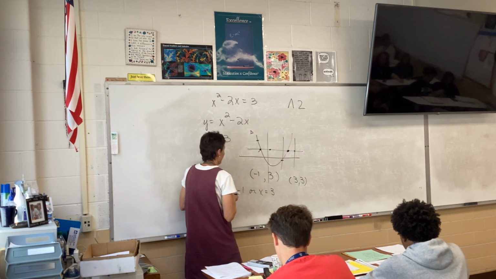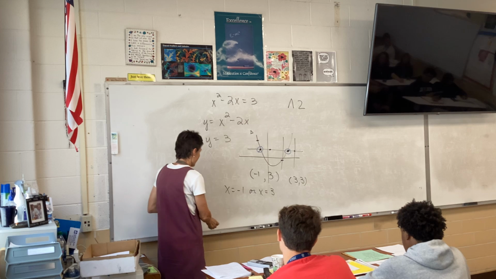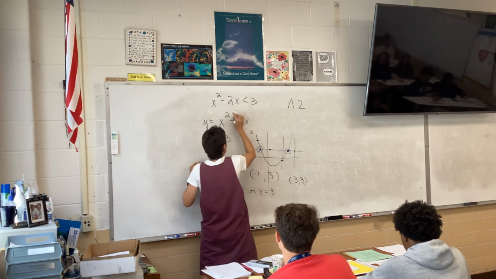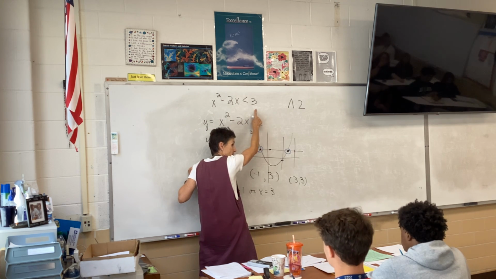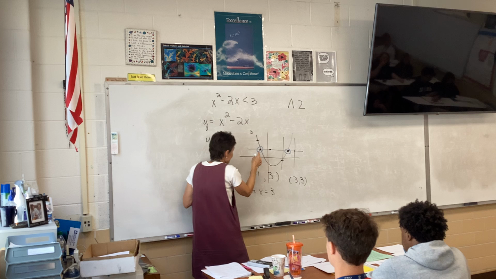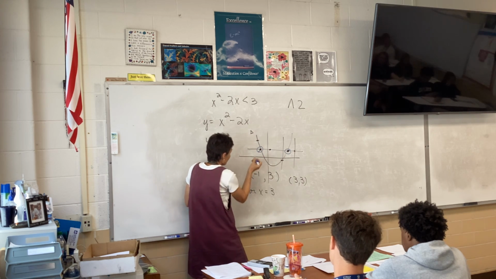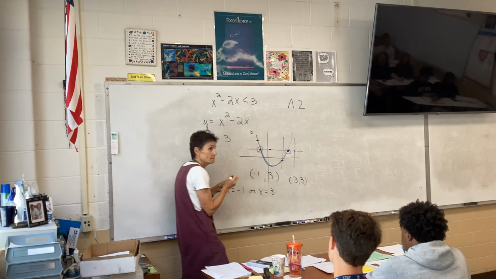I am not interested where they equal. I am interested in where the first curve is less than the second. So I know they're exactly equal at these 2 places. Isn't the first one below the second one there?